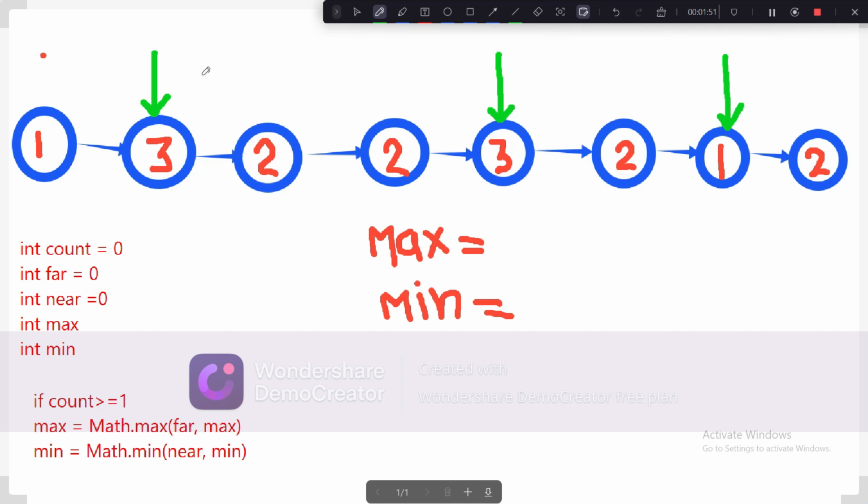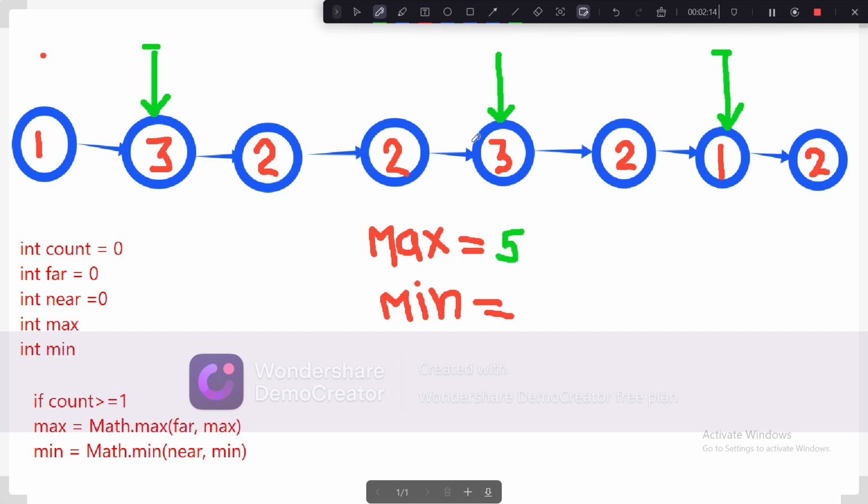Okay, so first of all we have to find the maximum distance. The maximum distance would always be the distance between the first critical point and the last critical point. In this case, see the number of nodes between them: 1 2 3 4 5, so there are 5 edges. So the max distance, the final answer, would be 5, right?